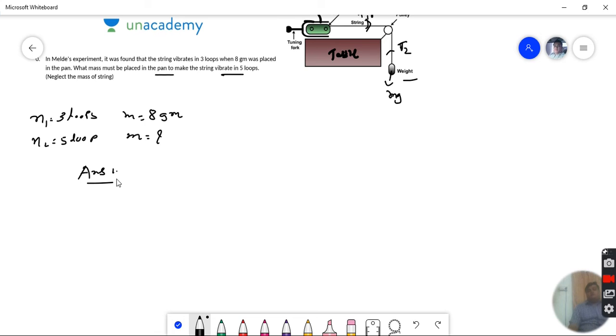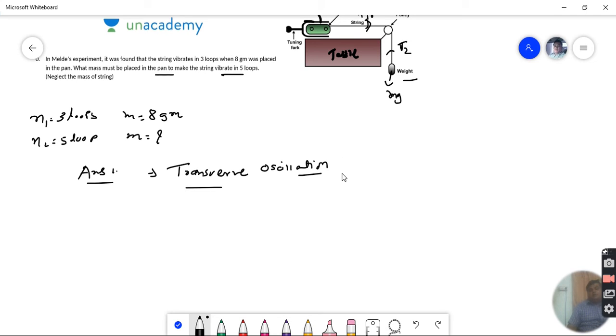First of all, in Melde's experiment the string is mentioned, so we discuss transverse waves, or transverse oscillation. Two types of wave you already know: longitudinal and transverse. Here we discuss transverse oscillation.